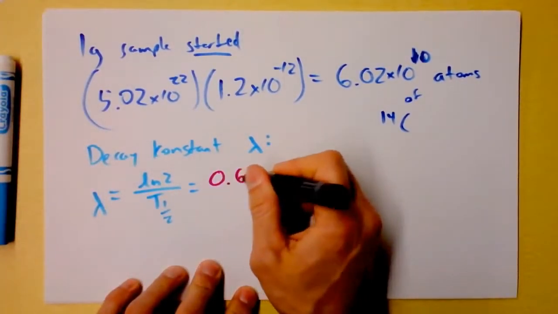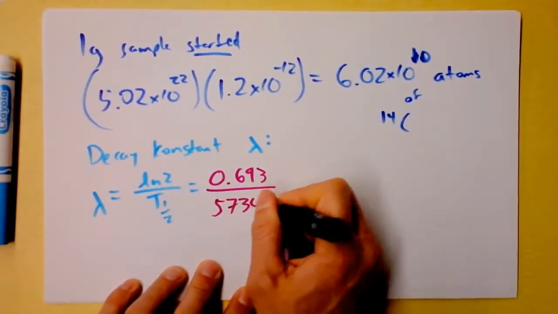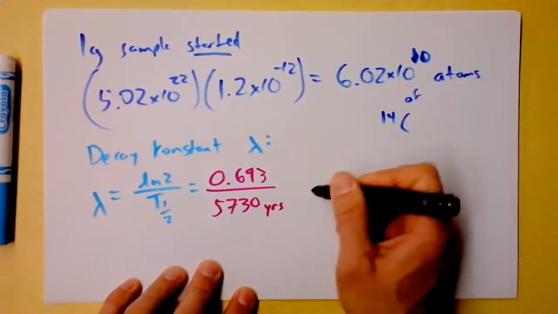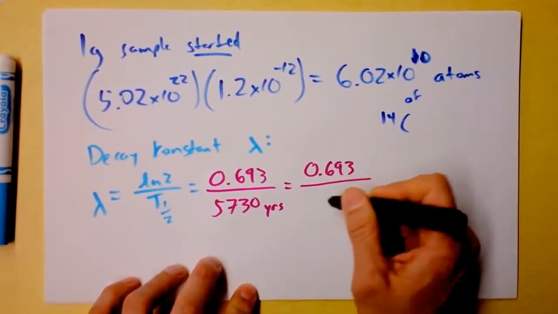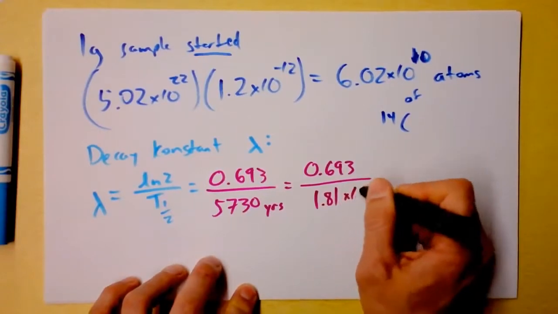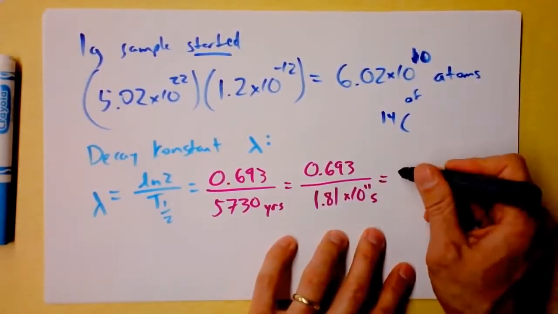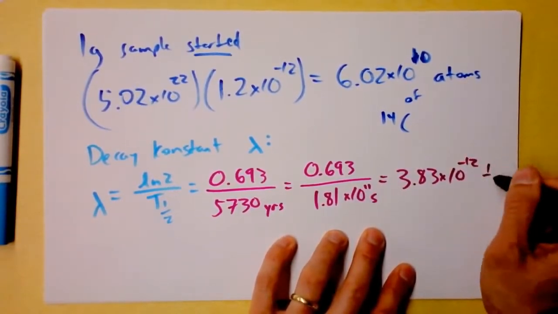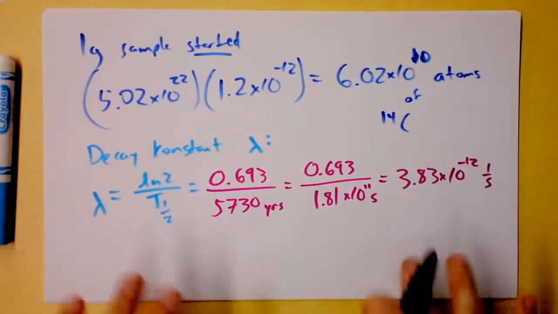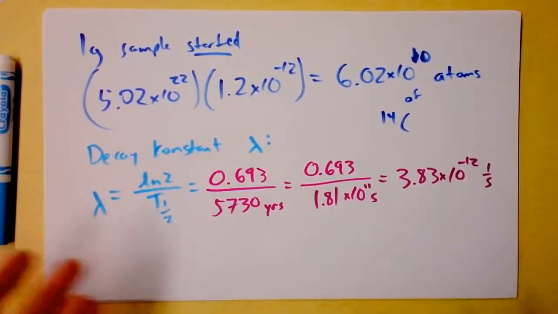This is about 0.693 divided by 5,730 years, which is the same thing as 0.693 divided by 1.81 times 10 to the 11th seconds. So this lambda is going to be a pretty small number. It turns out that it's 3.83 times 10 to the negative 12th per second. Interesting. So it's not very common for a carbon-14 to decay.